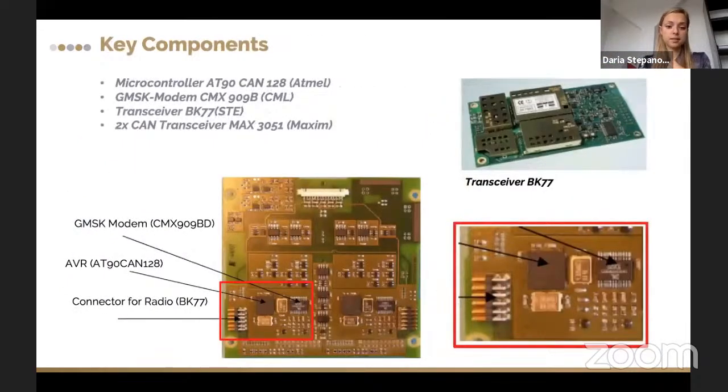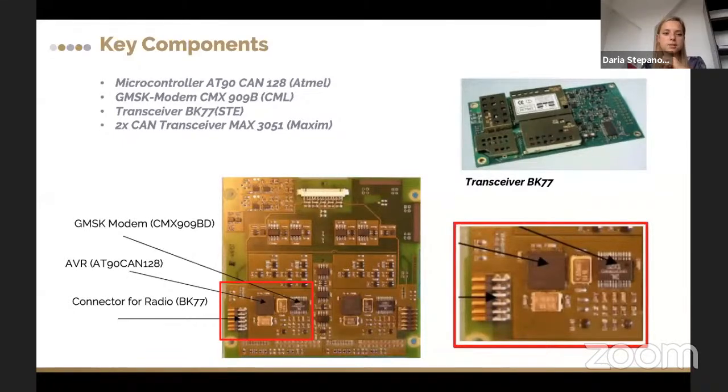On this slide, you can see some of the key components of the first version of the transceiver we were using. It was AT90CAN128 based. It used a CMX modem, so we didn't have to do modulation and demodulation in external circuits.